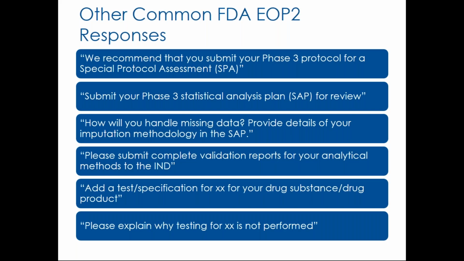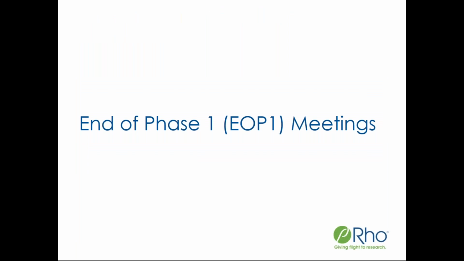Validation reports for analytical methods are a common missing element, and test specifications for things like particle size for your drug substance or drug product, and please explain why testing for some metabolite of concern to FDA is not performed. That's another topic for discussion as well, and FDA will harp on that.